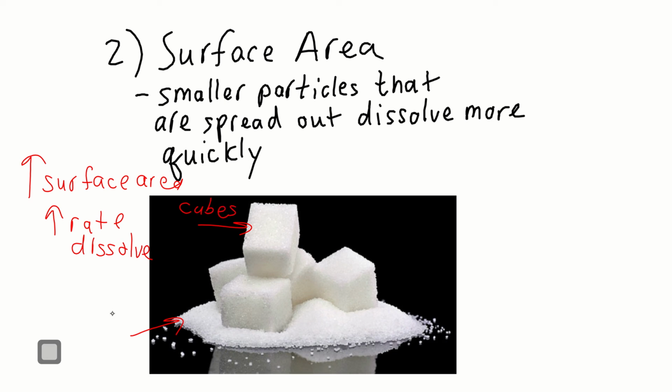Which one's going to dissolve faster? The crushed sugar. To get something to dissolve faster, the more spread out it is, the faster it will dissolve. It turns out that's why liquids and gases get absorbed faster, because those particles are completely separated.